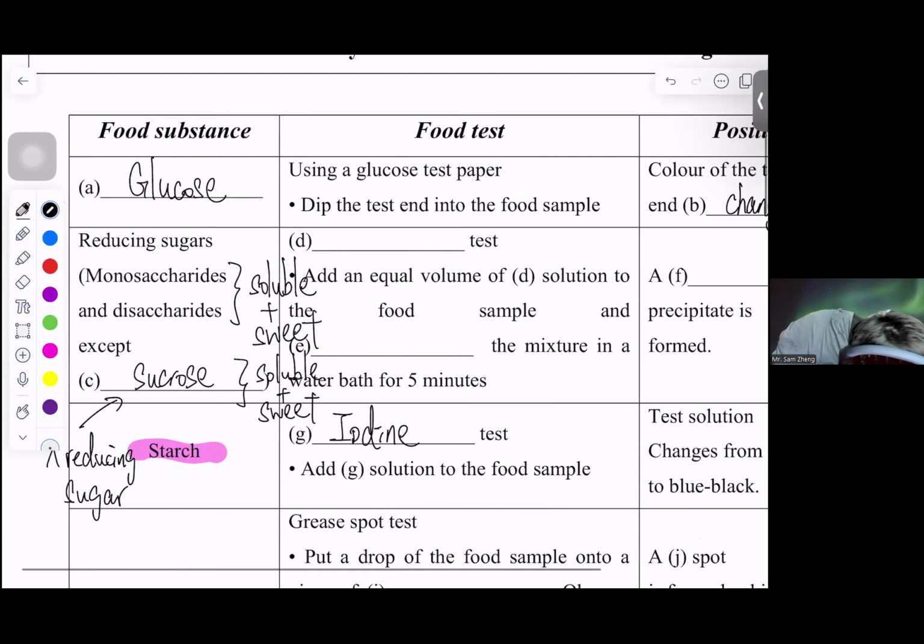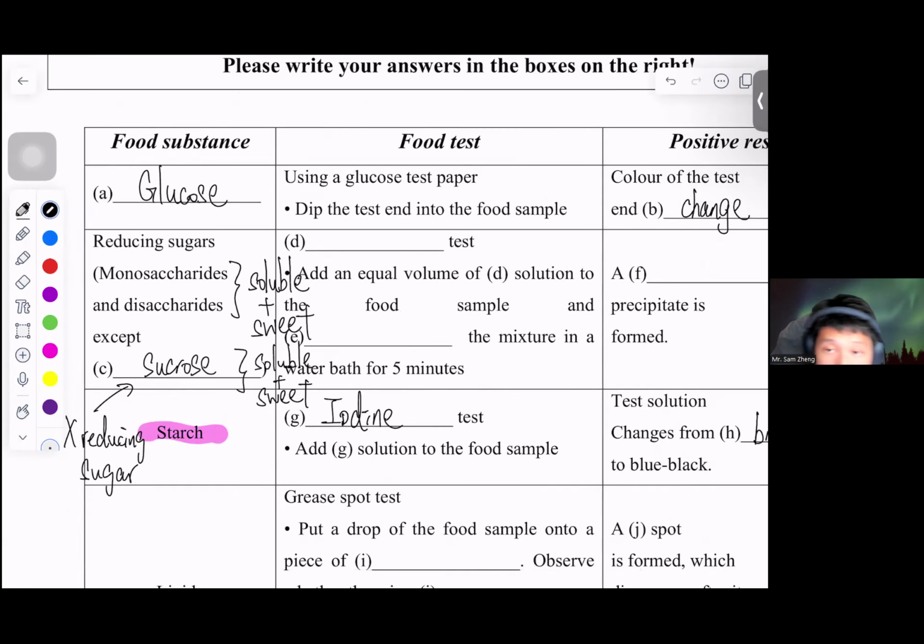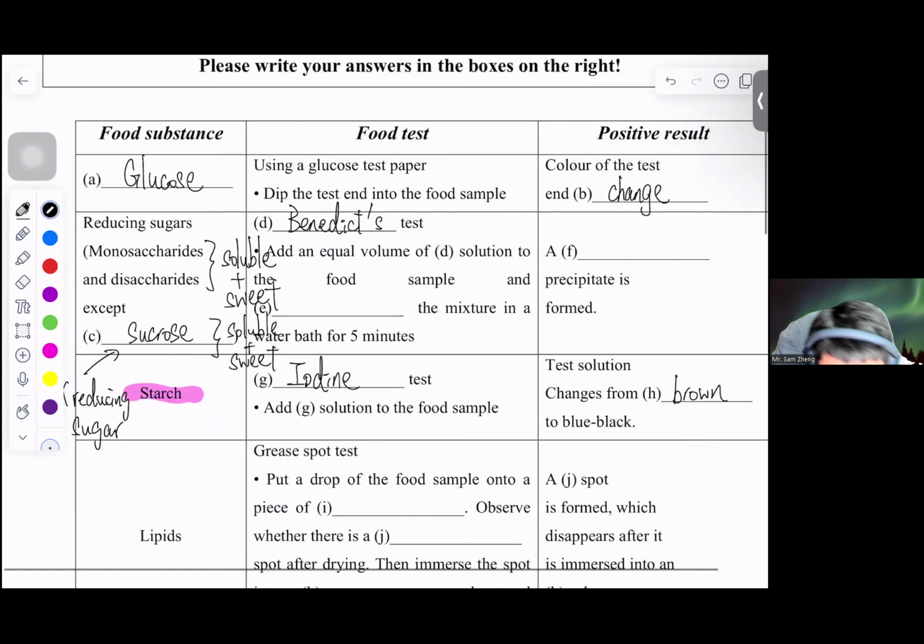Now, how can we test? First, we will use a special type of solution. We call it the Benedict solution, and it is used in the Benedict test. What happens next? We add an equal volume of the Benedict solution into the food sample.